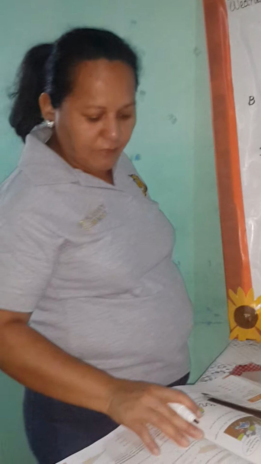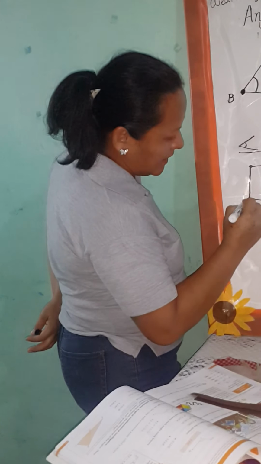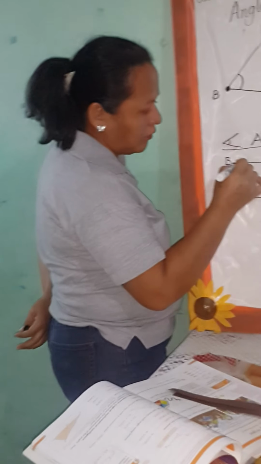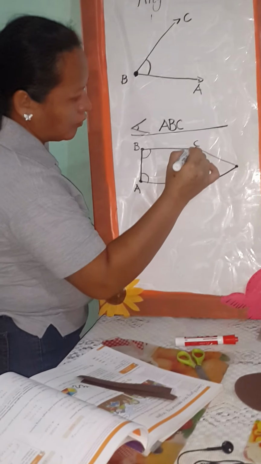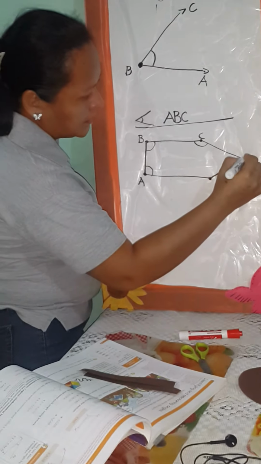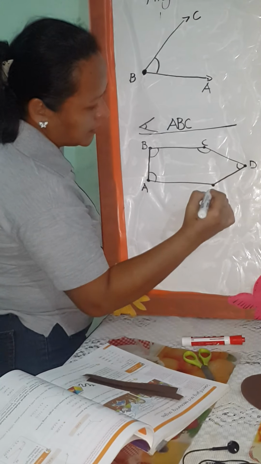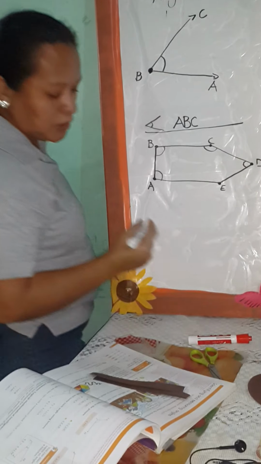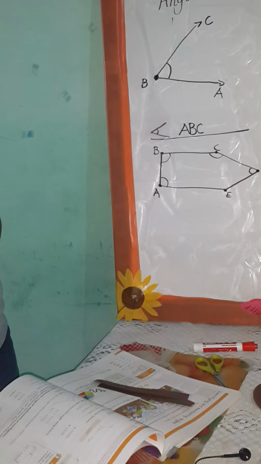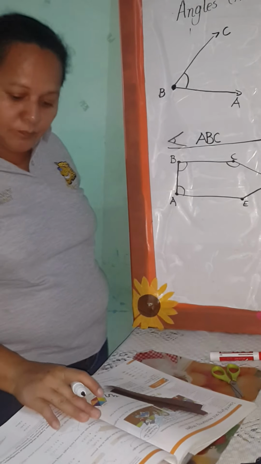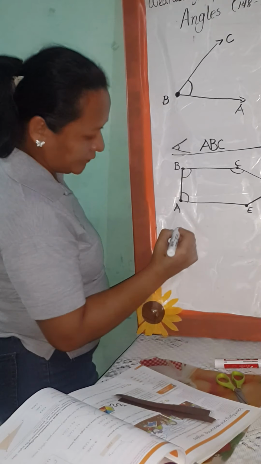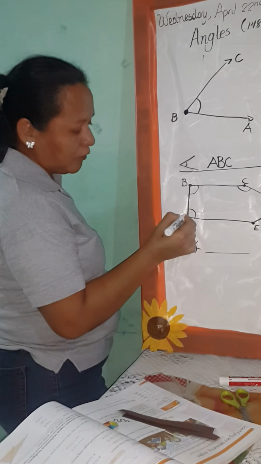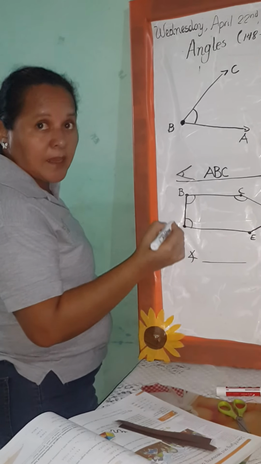In the page we have A, this is the angle, B, another angle, C, another angle, D, this is another angle, and the letter E. Okay, so we are going to read the first angle. For example, we start from here. A.